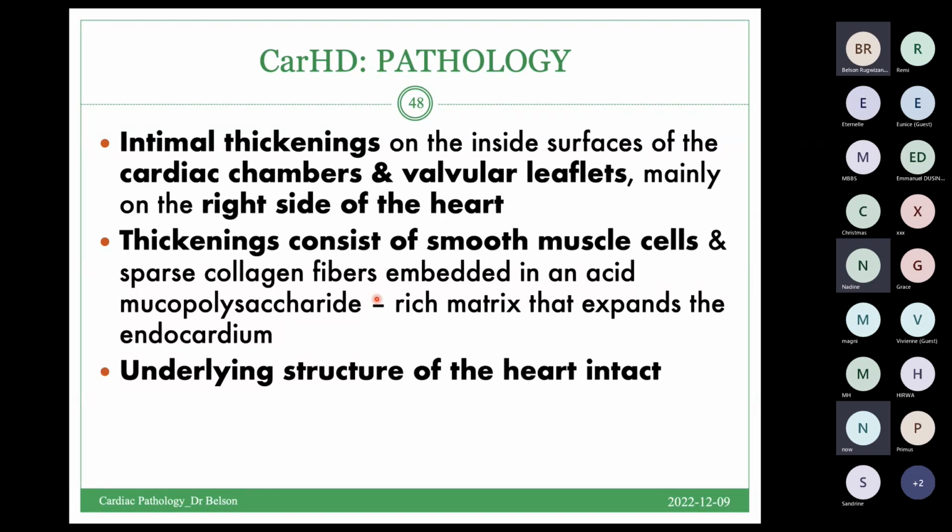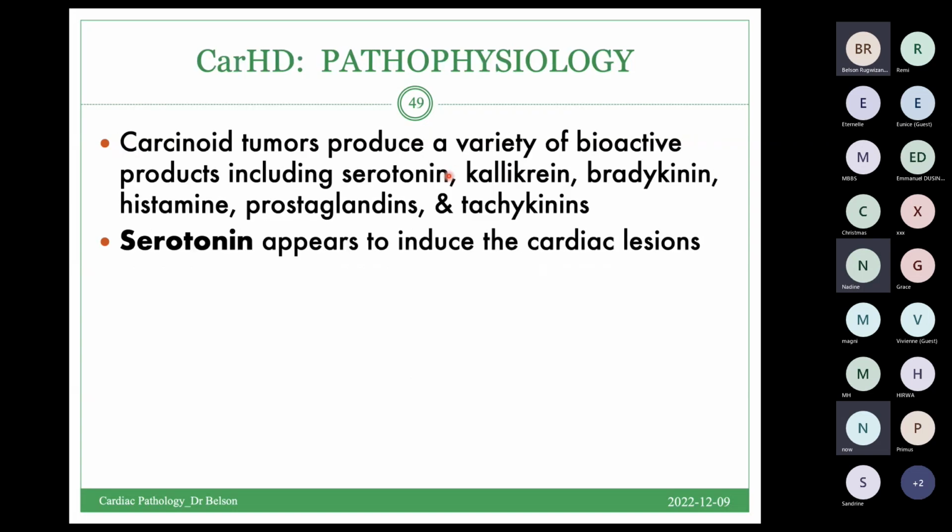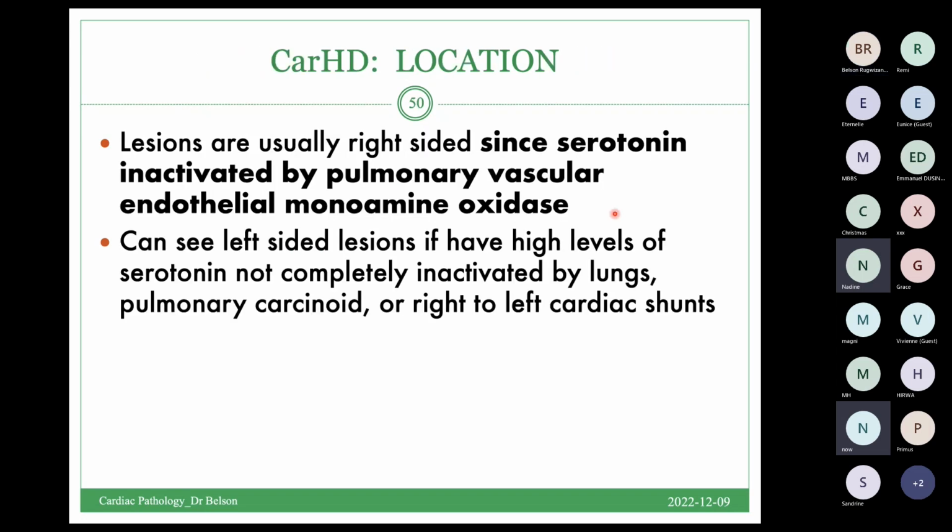So I think here it is explaining the consequences for the heart, thickening of the muscle, thickening of the valves, and so on, and their consequences. So as I was saying, carcinoid tumors produce bioactive products, including serotonin and so on. Serotonin appears to induce the cardiac lesions, as I was explaining.